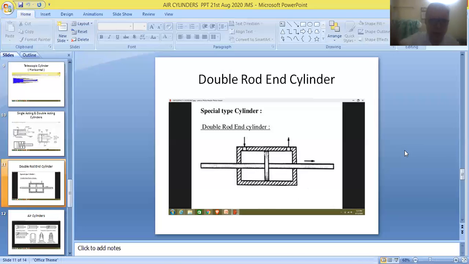On the other hand, if it is entering from the right hand side of the piston, it will be leaving from the left hand side of the piston. That will be used for performing the return stroke of the piston. So here, friends, two piston rods are provided on both sides of the piston. Therefore, they are referred to as double rod end cylinders.